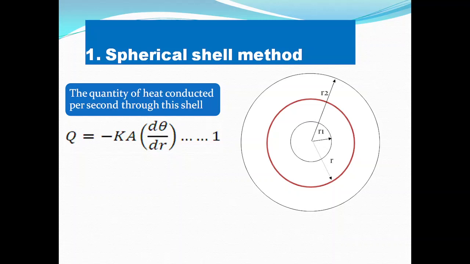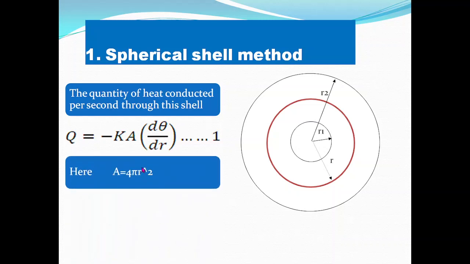Amount of heat conducted per second is given by Q equal to minus K A d theta by dr, where K is the coefficient of thermal conductivity of the material of the spherical shell, A is the area of the spherical shell, and d theta by dr is the rate of change of temperature with respect to distance, or we may say the temperature gradient.